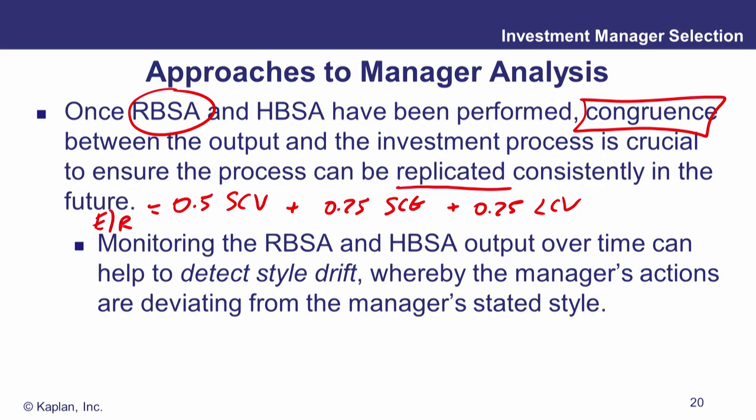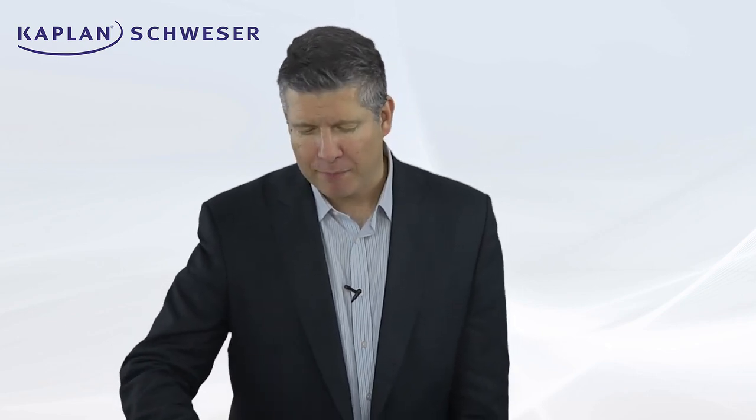Put another way, if you were to passively recreate this model, could you copy or replicate what the manager is doing? So what you're able to do, guys, is to test to what extent the manager truly is following what they claim to do.